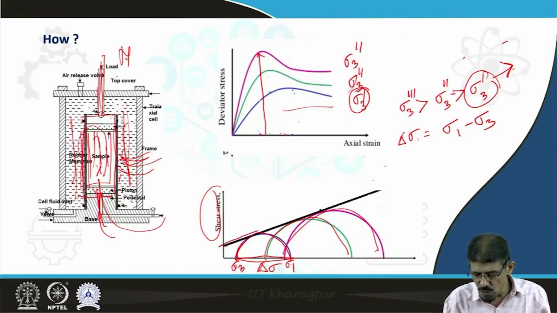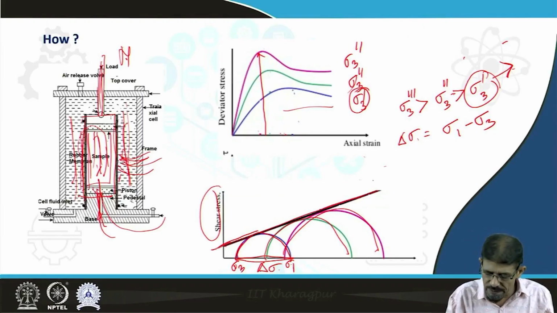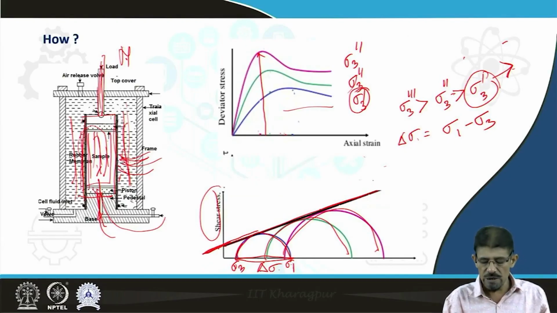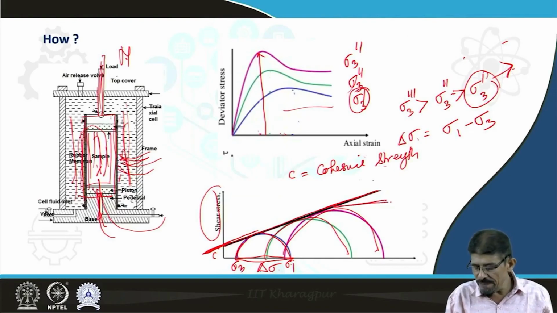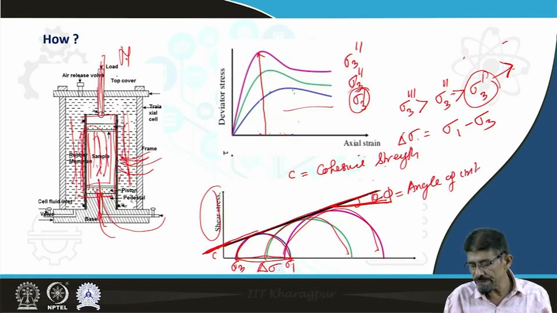When we draw the tangent, we have two components. One component is crossing here on the shear stress axis. This is recognized as C, and we recognize it as cohesive strength. And if we draw this angle theta or phi, this phi is the angle of internal friction.